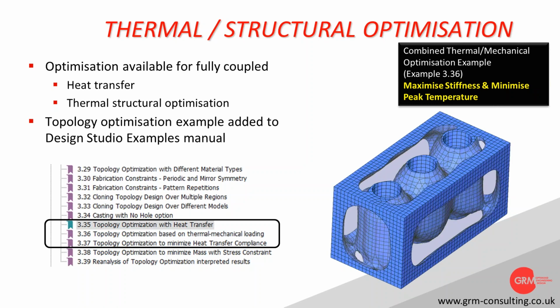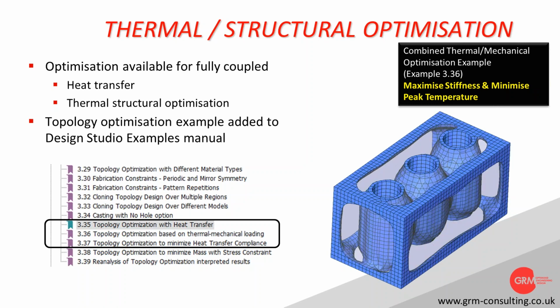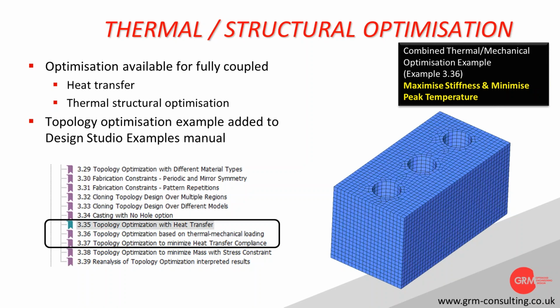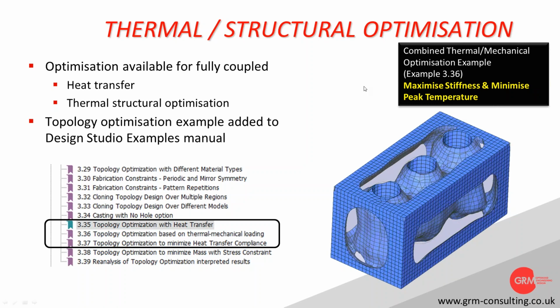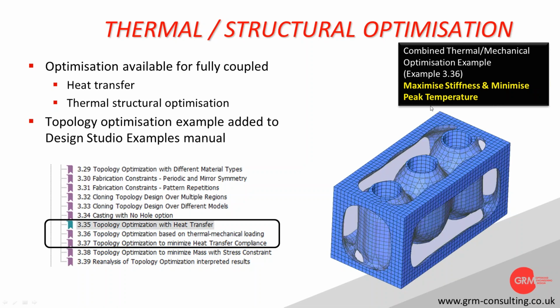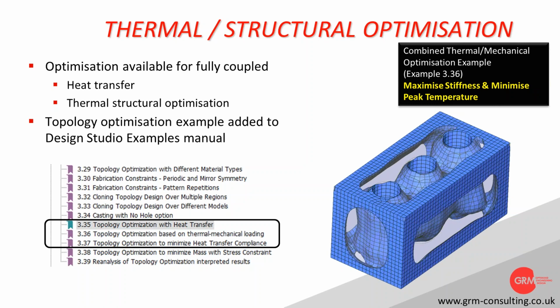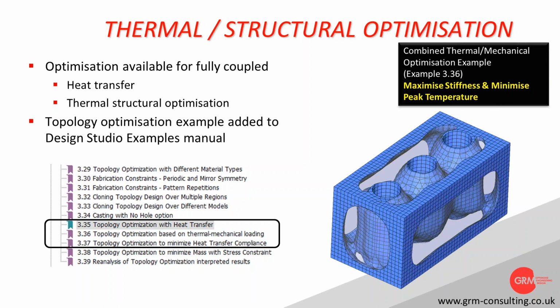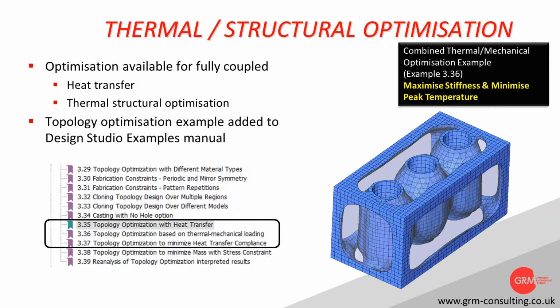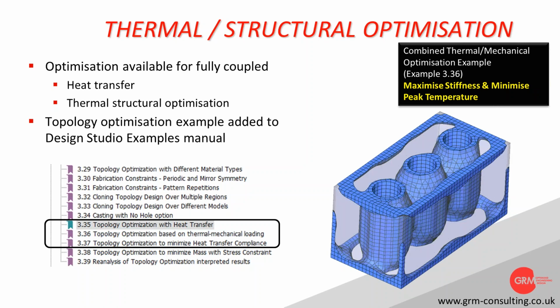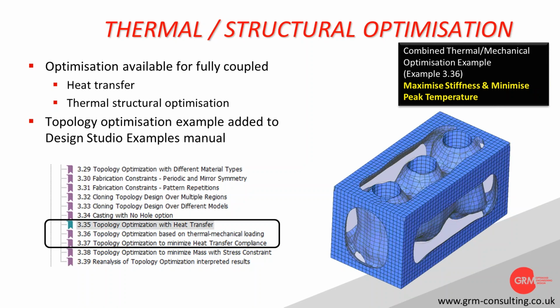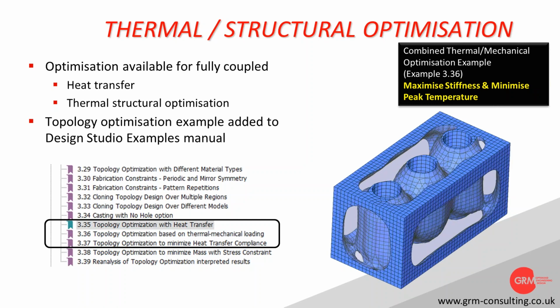This is example 3.36, and it takes you through how to perform a combined thermal mechanical optimization, where we're looking to maximize the stiffness of a structure whilst minimizing the peak temperatures that result in it. It's actually quite an interesting area for us, something that we're looking into more, and so we'll be expanding our experience of this particular subset of optimization. If it is relevant to you, we aim to be able to provide good detailed support as you look to apply it yourselves.